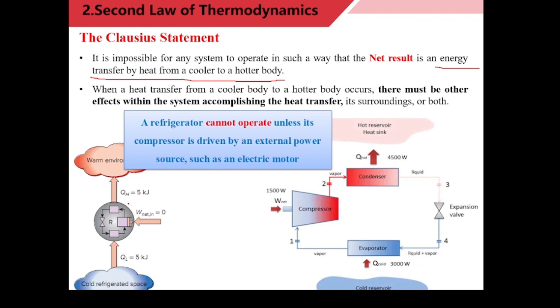There is no such refrigerator that, let's suppose, is transferring 5 megajoules of heat from the cold refrigerator space to the warm environment without doing any work. There must be some external work.